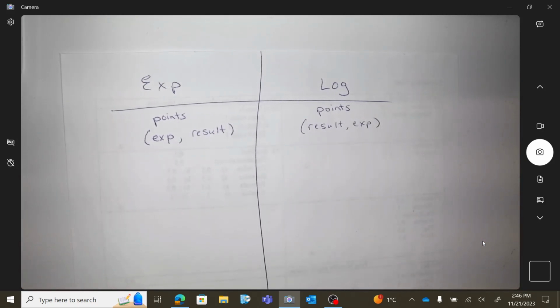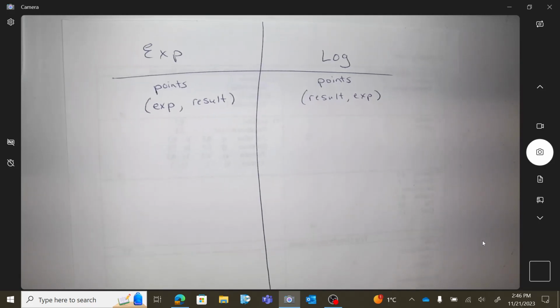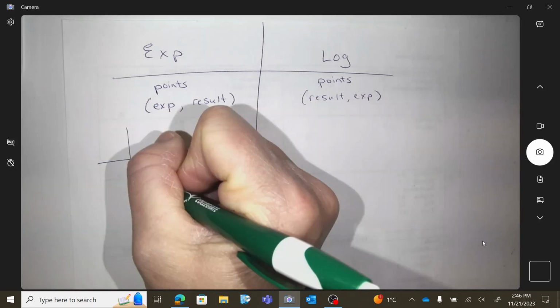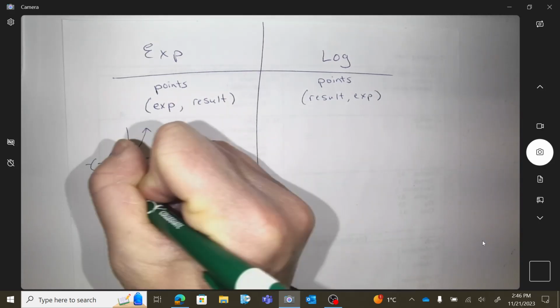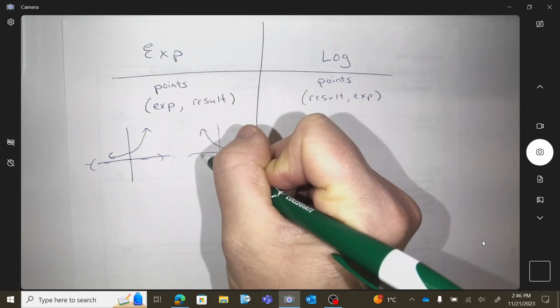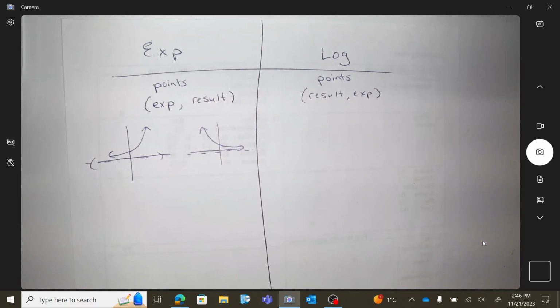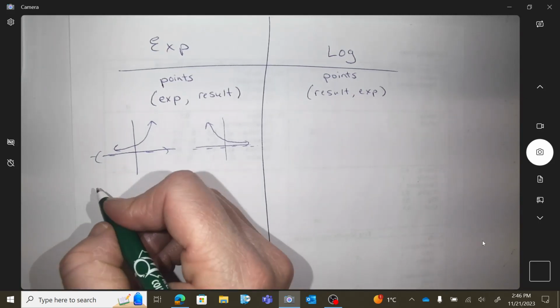And using a log graph, your points should always say result, comma, exponent. So this is an exponential graph.